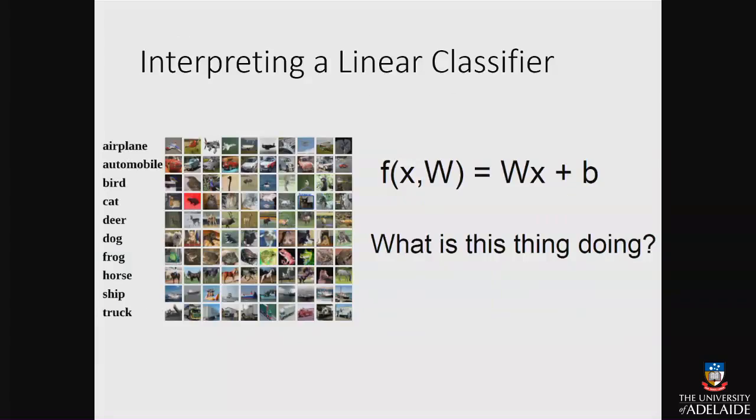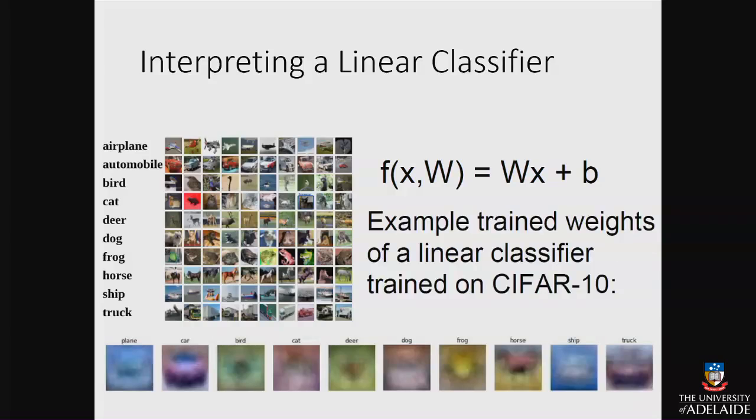So what is this thing doing? What is the meaning of the W, right? We have f(x) equal to Wx plus b. It's a kind of classifier, right? Here we display the trained weights of a linear classifier of 10 classes on CIFAR-10. Looks like they are just some blurry, colorful images, right? We display the W basically, but we cannot see clearly.